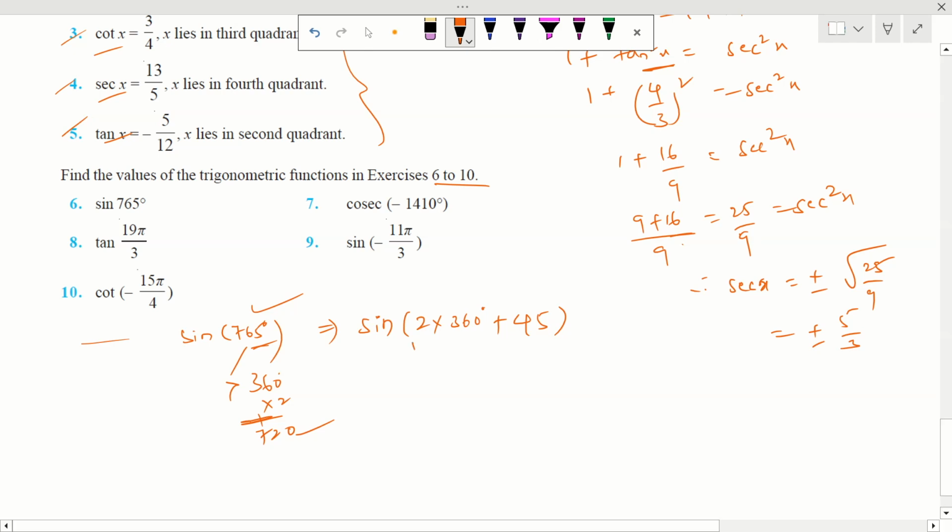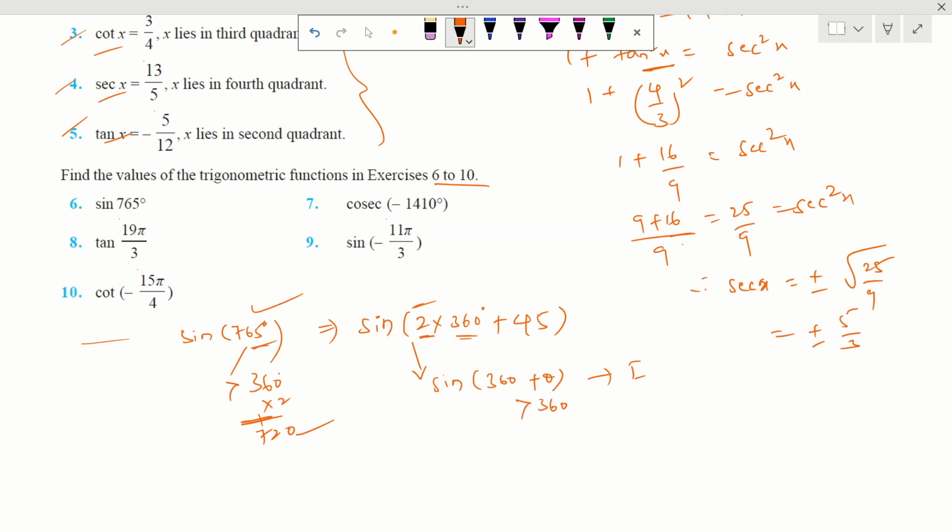Now this is in which form? This is sine of 360 plus theta. Ignoring the 2, we see 360 plus theta. This means it is in the first quadrant, since it is more than 360 degrees and plus is there. In the first quadrant all signs are positive, so here it is positive.